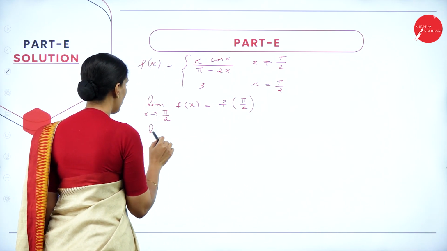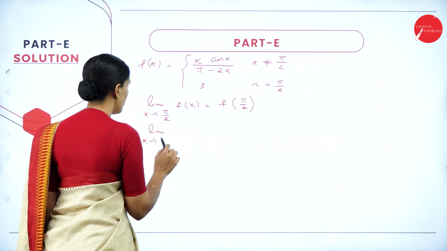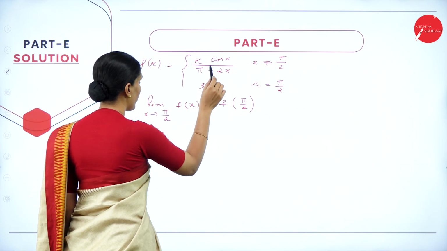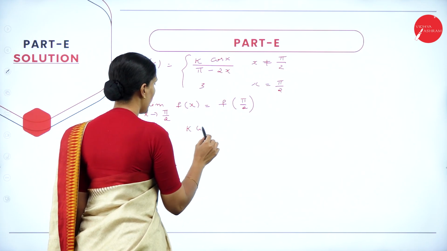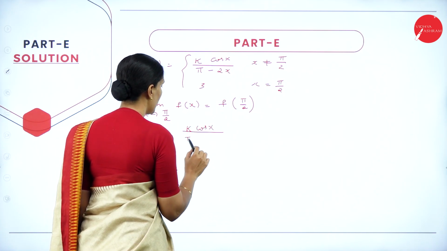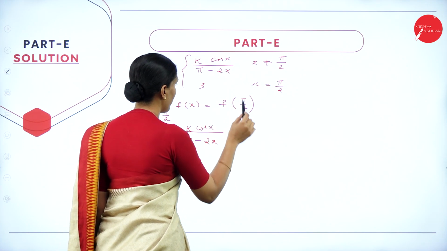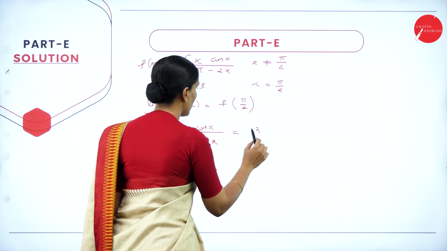So clearly we have limit x tends to pi by 2, f of x when it is not equal to pi by 2 is k cos x divided by pi minus 2x. And when it is equal to pi by 2, the value is equal to 3.